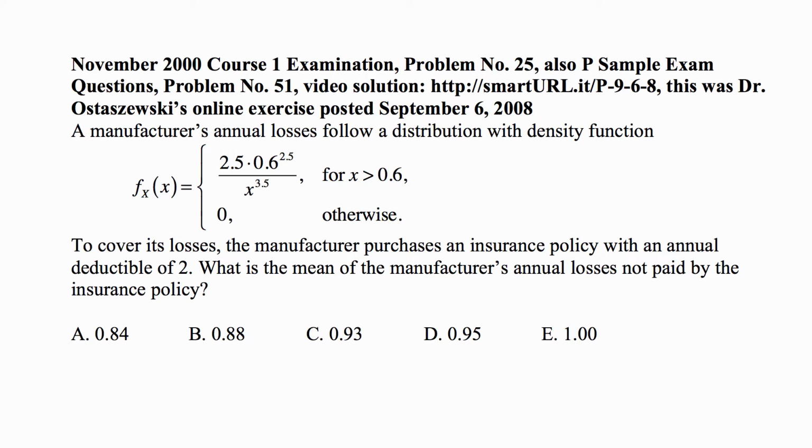To cover its losses, the manufacturer purchases an insurance policy with an annual deductible of 2. What is the mean of the manufacturer's annual losses not paid by the insurance policy?